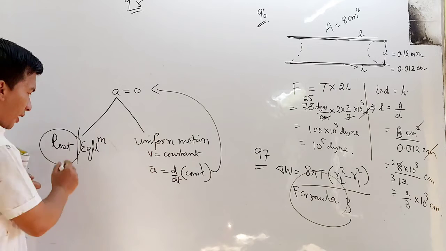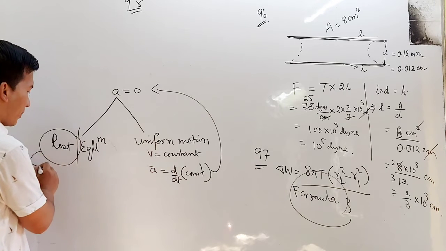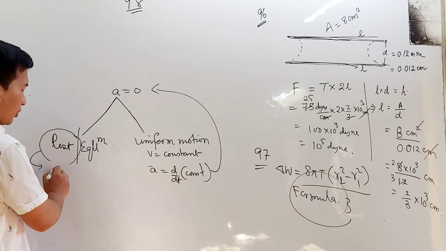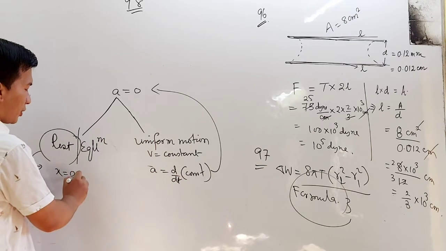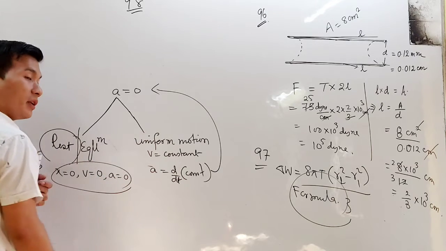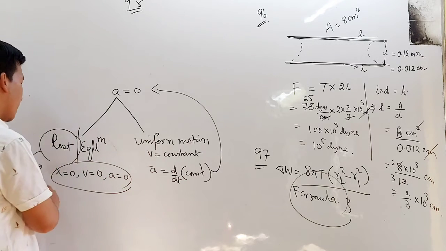Displacement x is equal to 0, v is equal to 0, acceleration is equal to 0. These are the similarities.